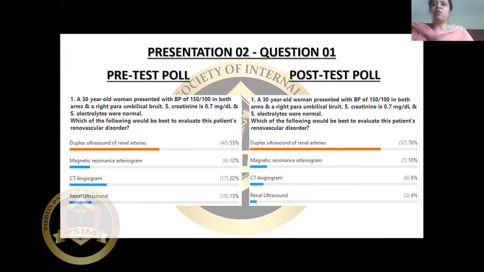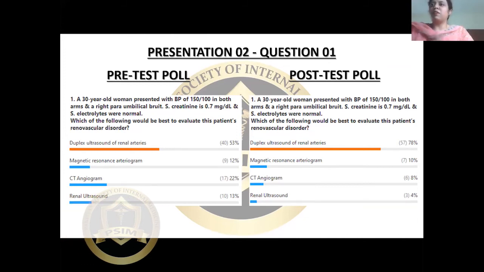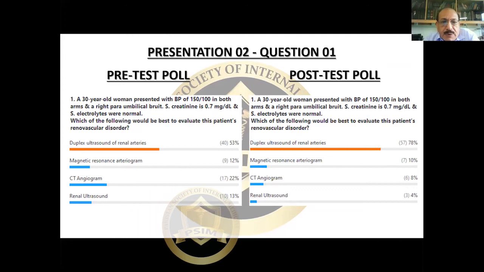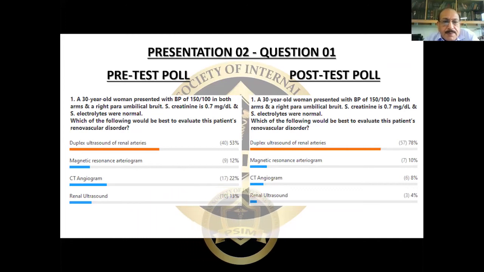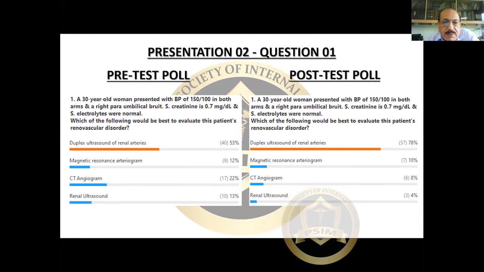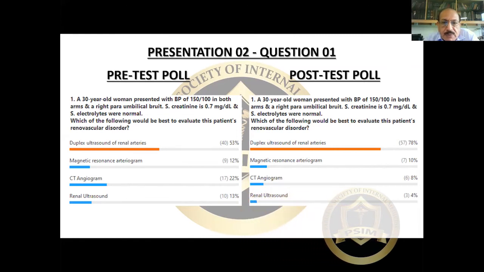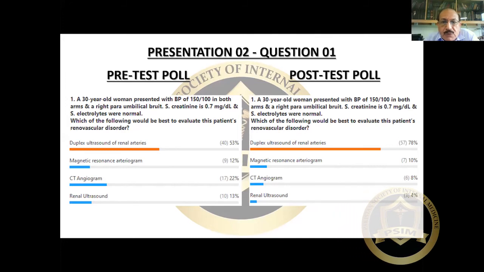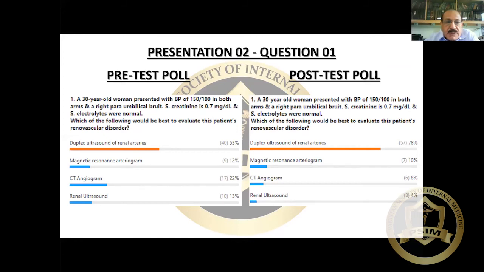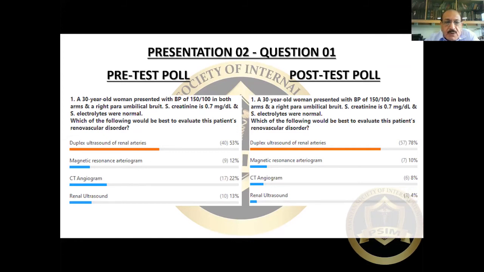Best investigation for renovascular disorders. Yes, I think the majority of people in the pre-test voted for duplex ultrasound of renal arteries. Of course, it is very useful. And in the post-test also, the numbers have gone higher from 53 to 78. But the CT angiogram has actually gone down.